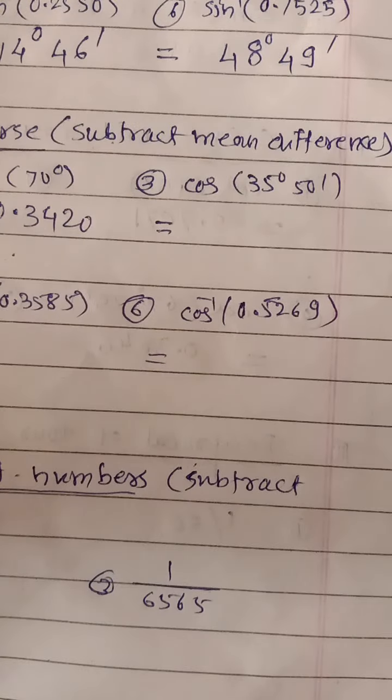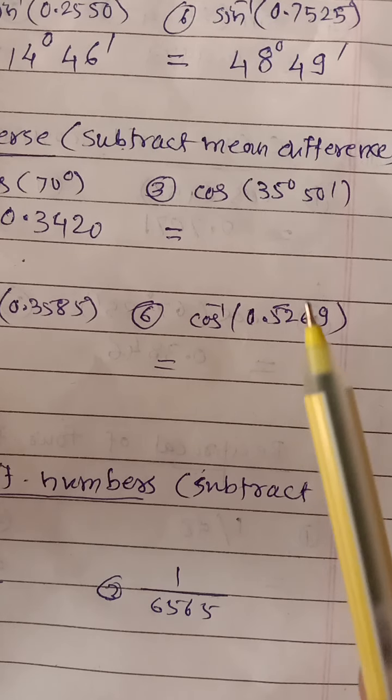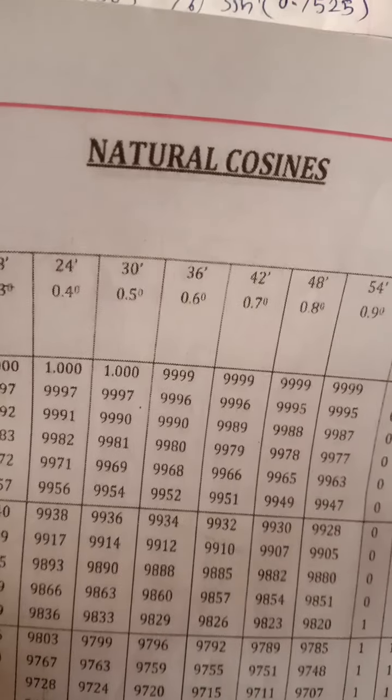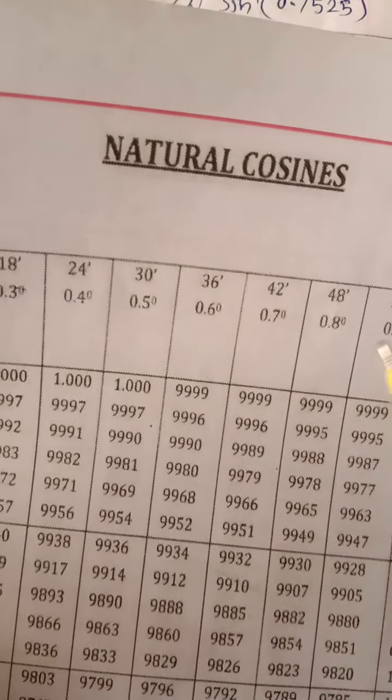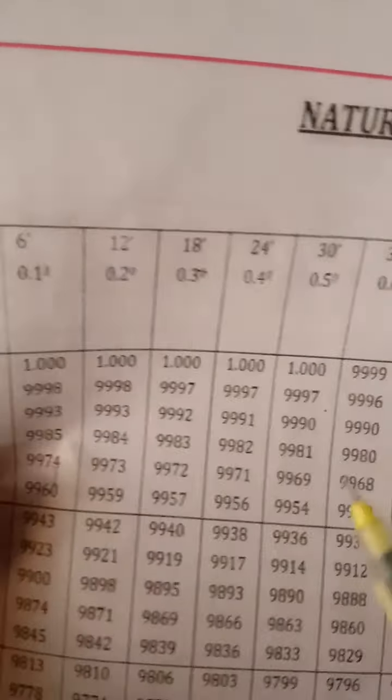Then we will consider the angle which is given in terms of degrees and minutes. So here cos 35 degree 50 minutes is given. So less than 50 minutes in this column there will be 48 minutes, and therefore we will consider the 35 degree angle.